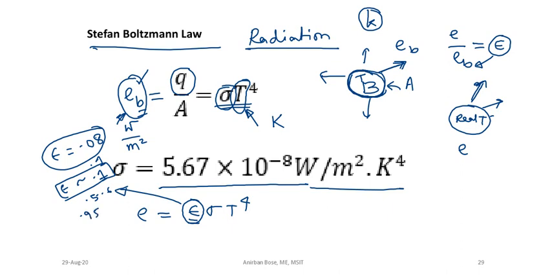Suppose human body, human skin, its value is 0.95, 0.96. Emissivity is very high. For brick, its value is more than 0.8, 0.85. In case of brick and wood, the values are close to 0.9. Emissivity values are very high for this kind of material.